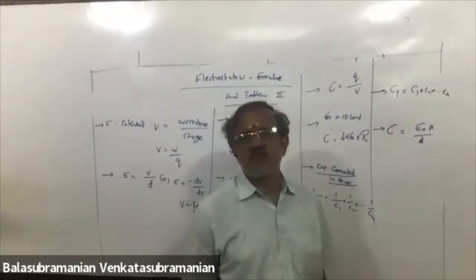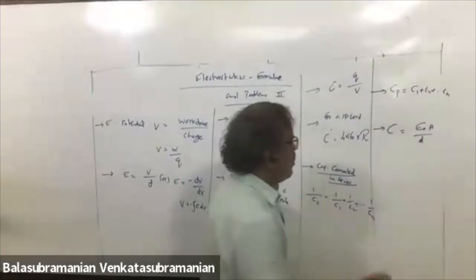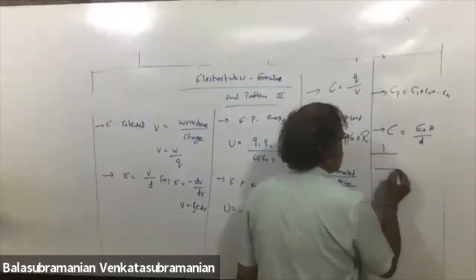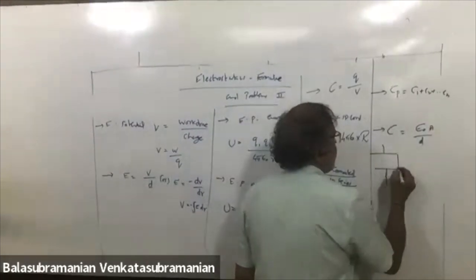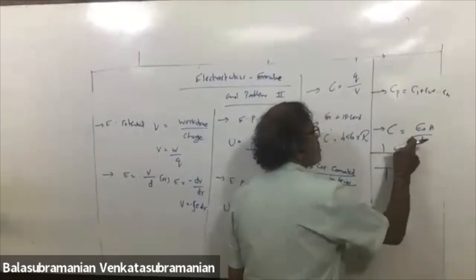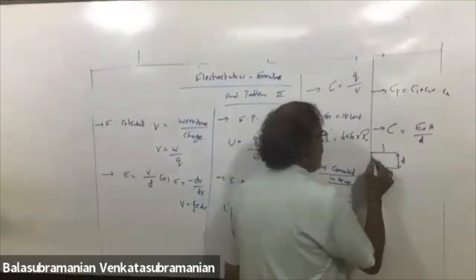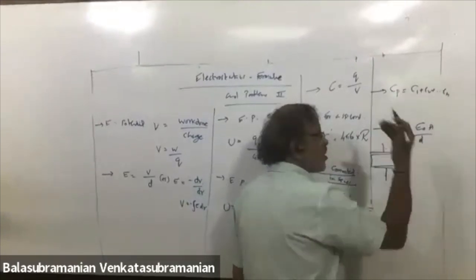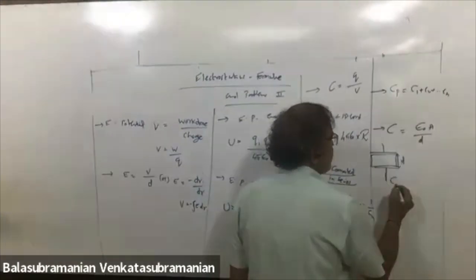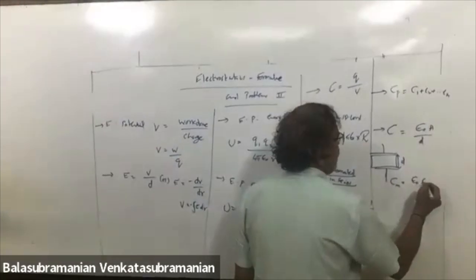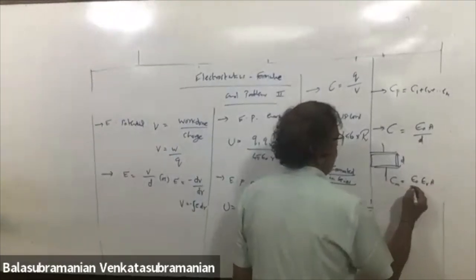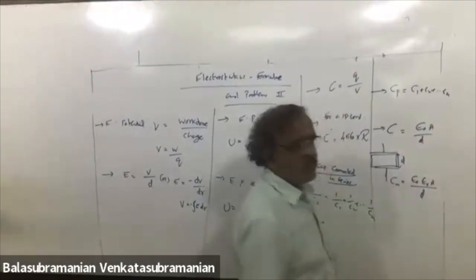Entirely between the two plates, the distance is D, means it is epsilon naught A by D. Fully dielectric, entire D is occupied with dielectric. So that is C medium, epsilon naught epsilon r A by D.